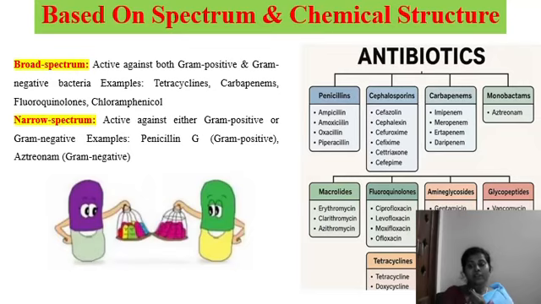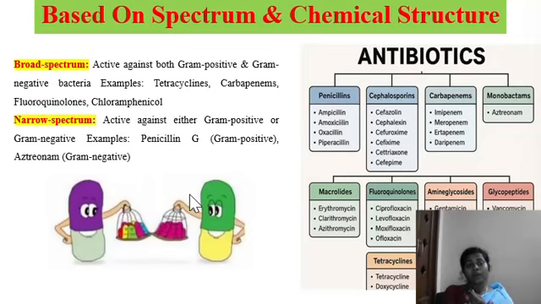And the next one is based on the spectrum of activity, which is classified into two categories: broad spectrum and narrow spectrum. From the name itself, it is clear that a narrow spectrum antibiotic fights against either gram positive or gram negative, that is, only specific microorganisms.